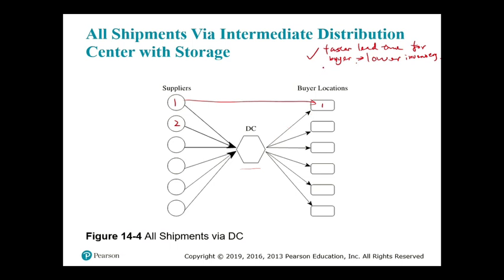So consolidating inbound transportation. The drawback? Risk. More inventory at DC. More inventory at DC, yes.